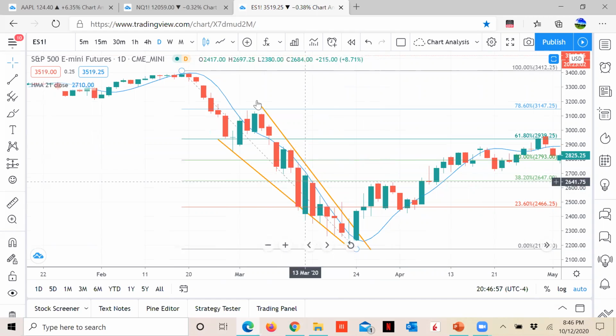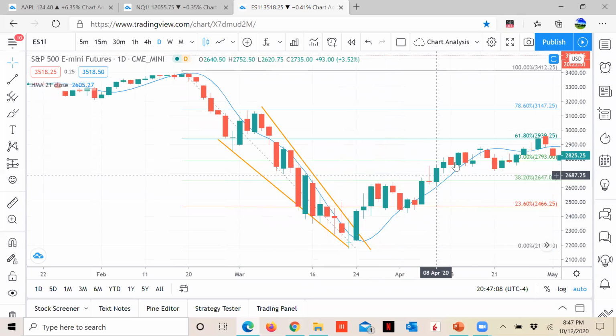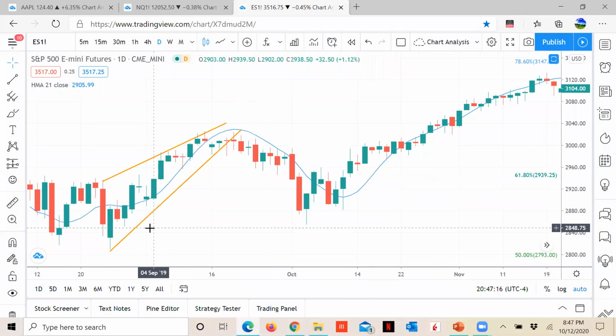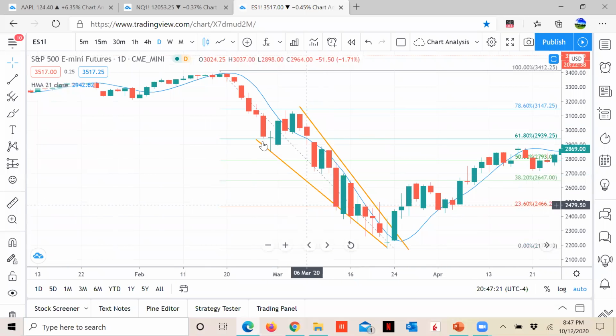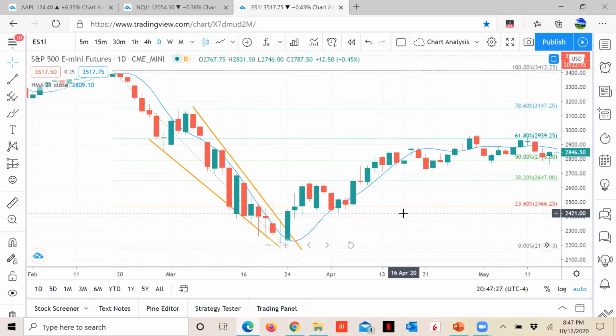The line chart breaks out above the upper trend line. So the rising wedge is a bearish pattern, and a falling wedge is a bullish pattern. Simple, right? Any questions on that?